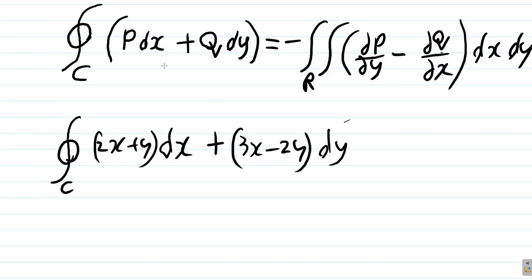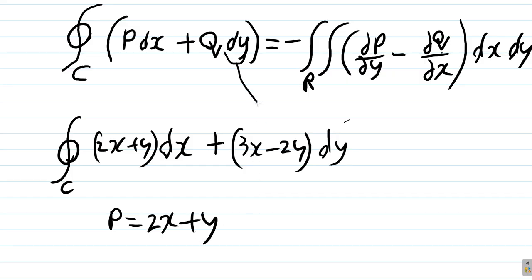Now, here we have dx here and here. So whatever multiplies dx is P. So you can see that P is 2x plus y. All right? So P is 2x plus y.